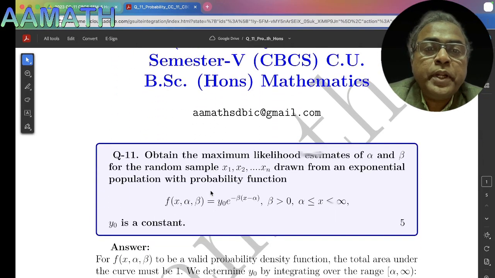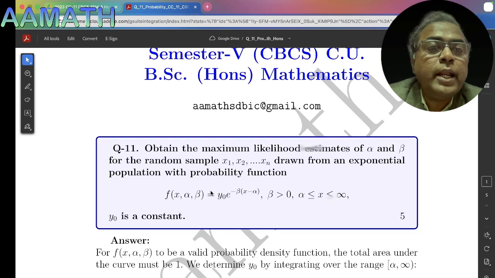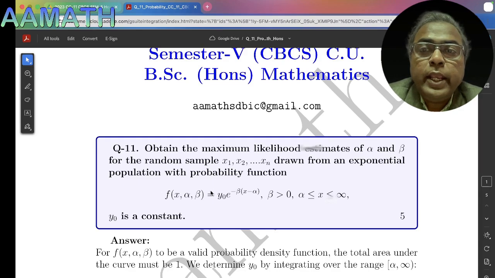Question 11: obtain the maximum likelihood estimates of alpha and beta for the random sample x1, x2, ..., xn drawn from an exponential population with probability density function f(x; alpha, beta) = y0 e^(-beta(x - alpha)), beta greater than 0, alpha less than or equal to x less than infinity.